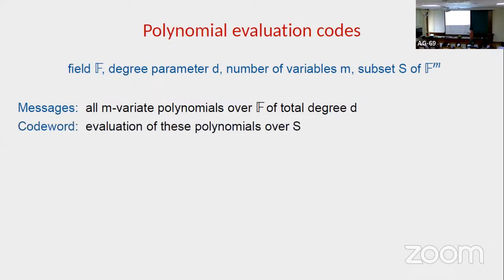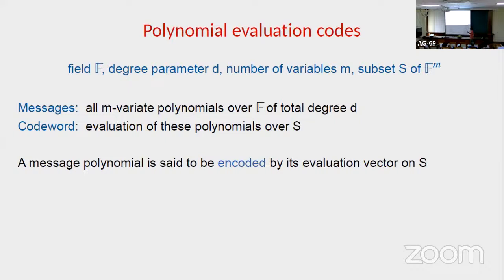This is the space of messages, whatever that means, and these messages are going to be encoded. So these messages are going to be mapped to code words, where the code word corresponding to a message, a polynomial, is just the evaluation of this polynomial on the set S of inputs. Since this is an m-variate polynomial, the entries in S have to be m-tuples over the underlying field. Okay, everybody good so far?